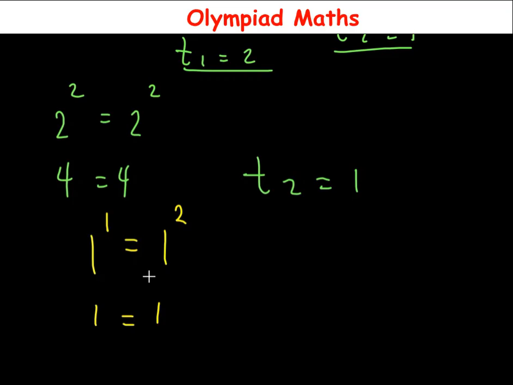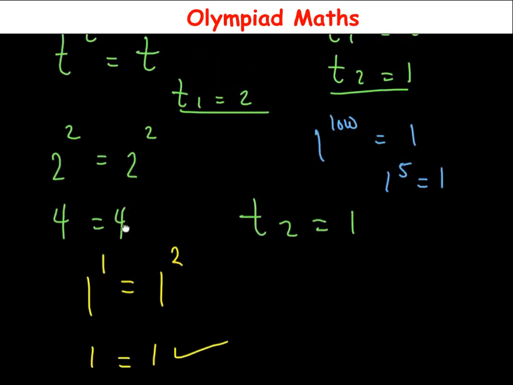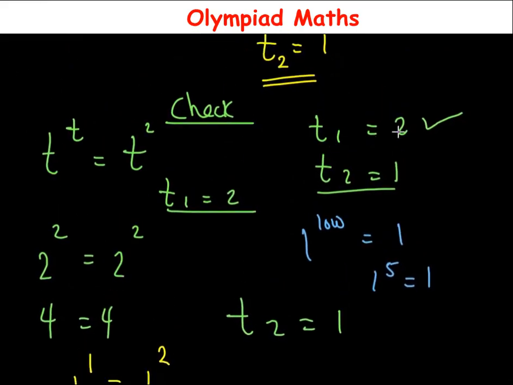Now, 1 raised to any number is 1. In fact, 1 raised to power 1000 is equal to 1. 1 raised to power 5 is equal to 1. So, 1 raised to any number is equal to 1. So, that means that the value that we got is correct. So, the values of t1 as 2, and t2 as 1 are the correct solutions that will satisfy the given equation t raised to power t is equal to t raised to power 2.